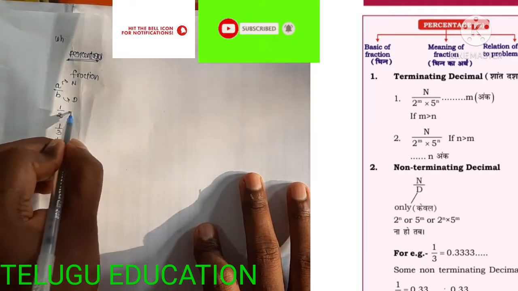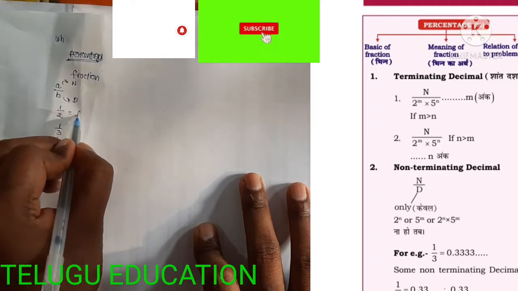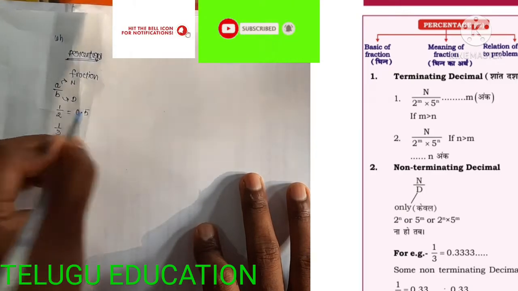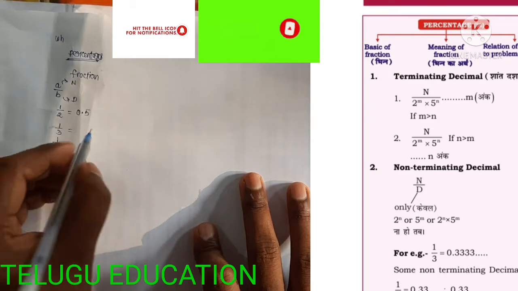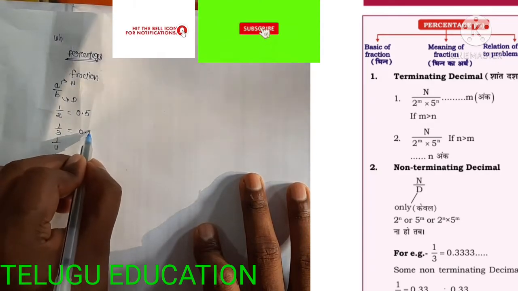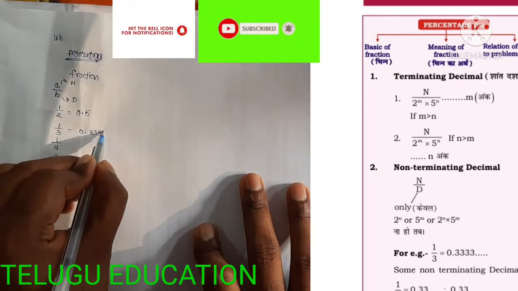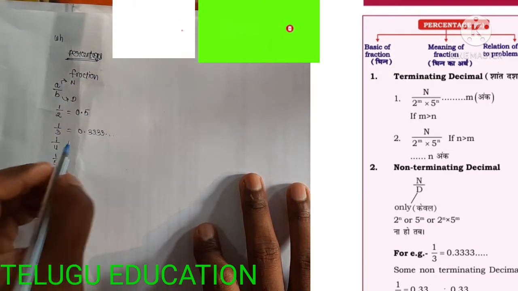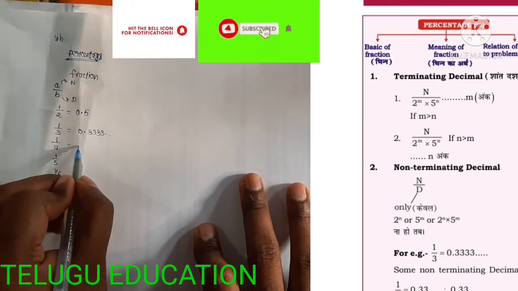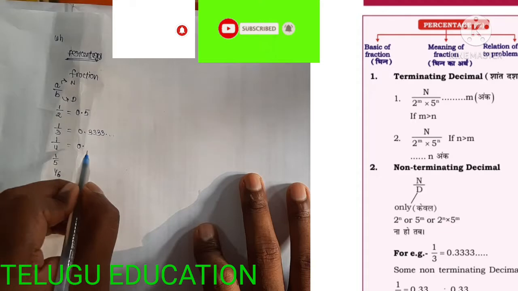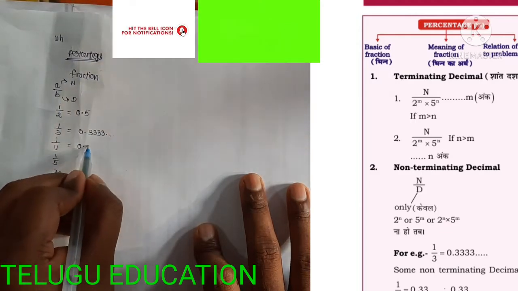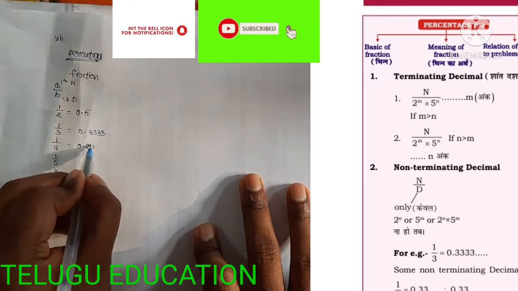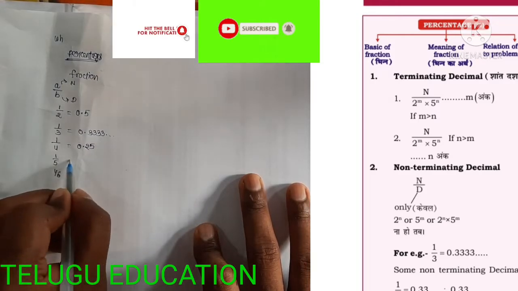So what is the value of 1 by 2? 1 by 2 value is 0.5. What is the value of 1 by 3? 0.3333 and so on. 1 by 4 is 0.25.